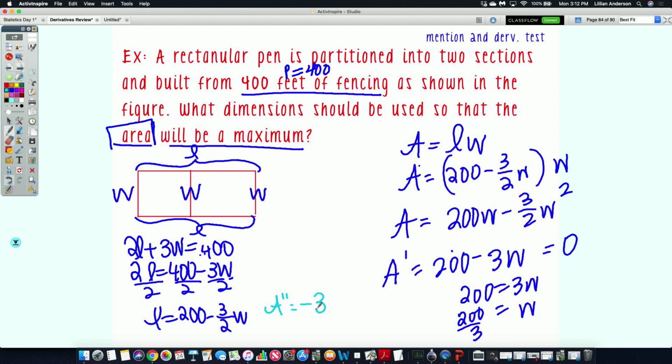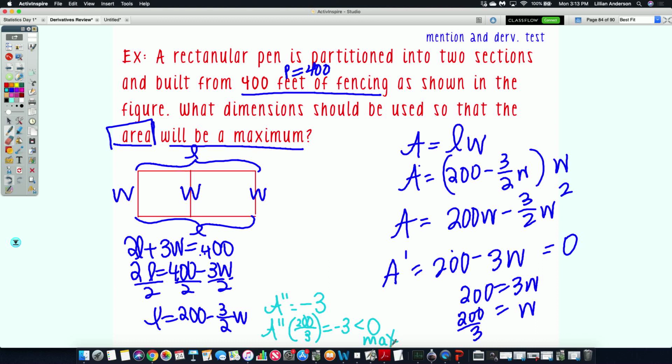Since there is no variable here, the second derivative is going to be negative, which means it's less than 0, so there is going to be a maximum at that value.